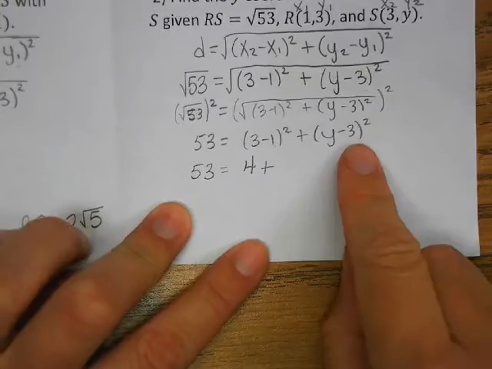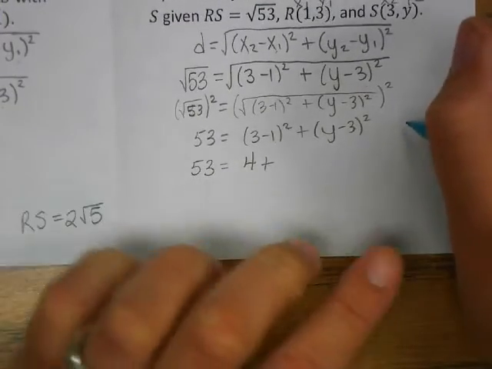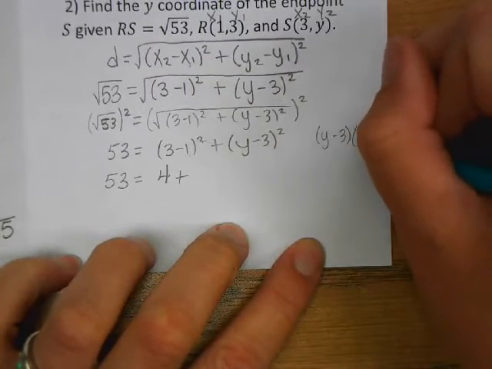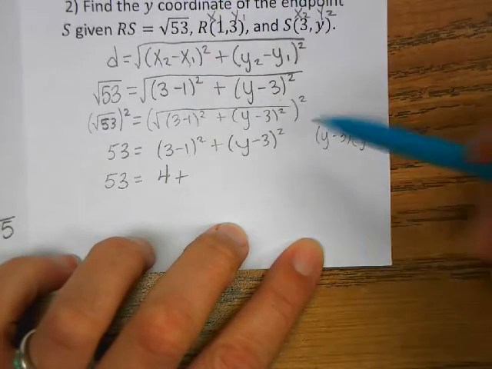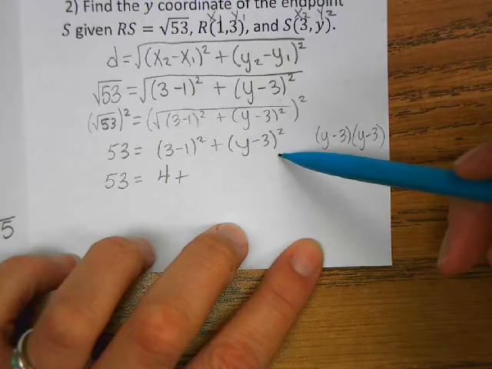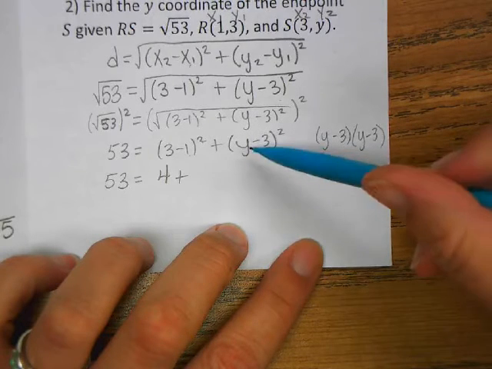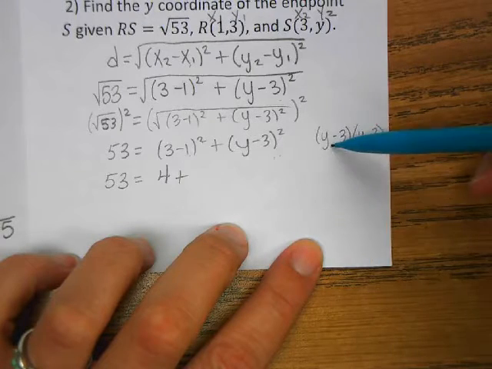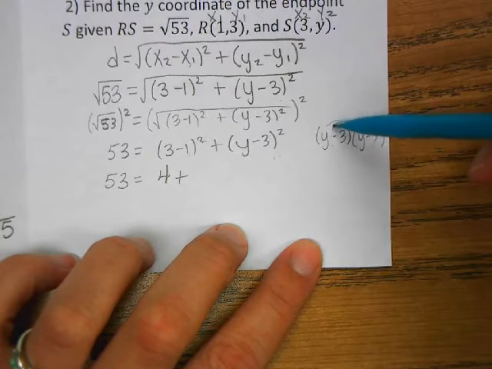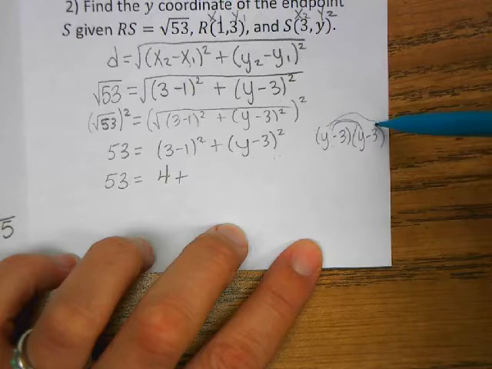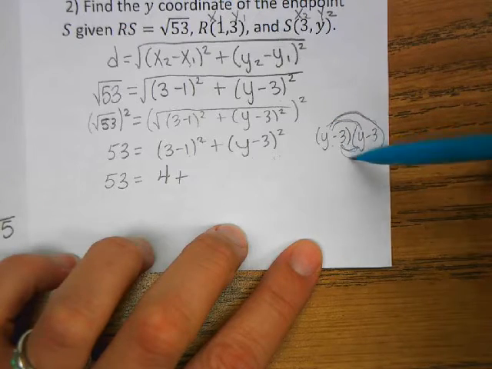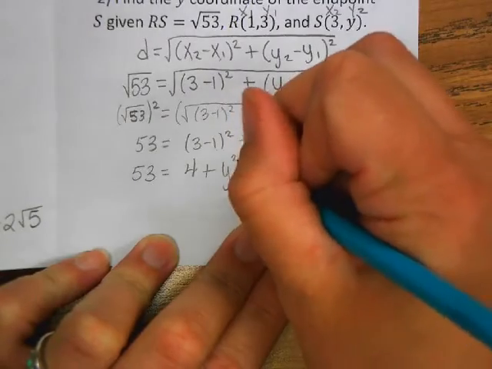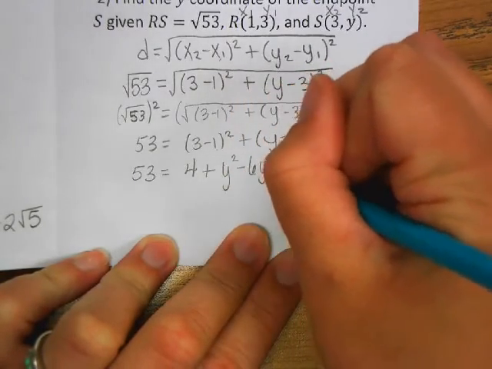Be careful when you're squaring y minus 3. This is like a little side note here. That's like saying y minus 3 times y minus 3. It doesn't equal y squared minus 9, and it doesn't equal y squared plus 9. You have to multiply y minus 3 by itself using the FOIL method. A lot of people forget that. So you would end up with y squared minus 6y plus 9.